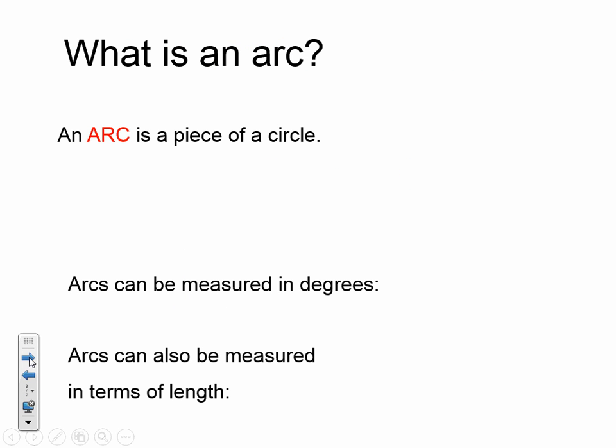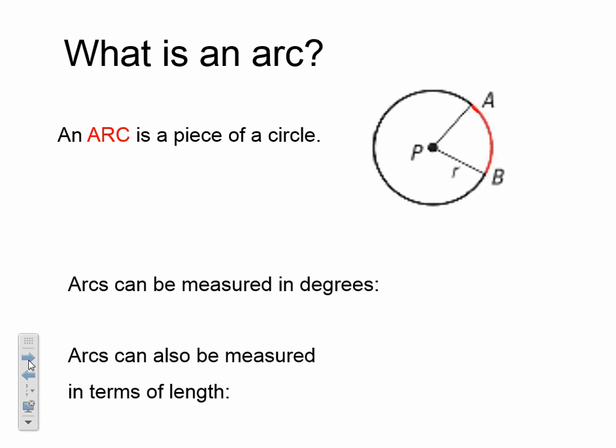Hopefully we might even have them memorized. Now this just needs to go in your actual notes, okay? An arc is a piece of a circle. That's very important. So if I look at this, my arc on this picture is from A to B. This little piece of the circle is called the arc.